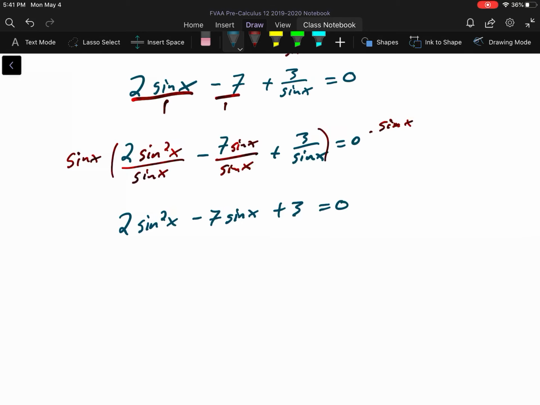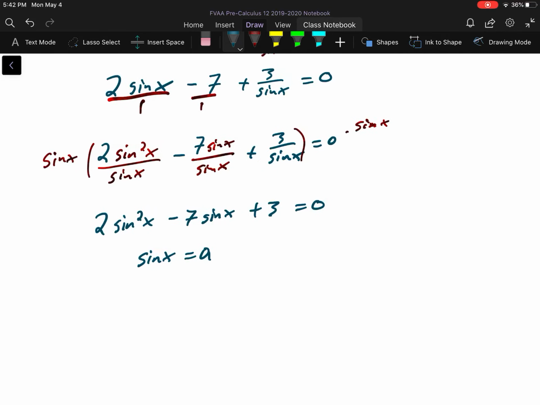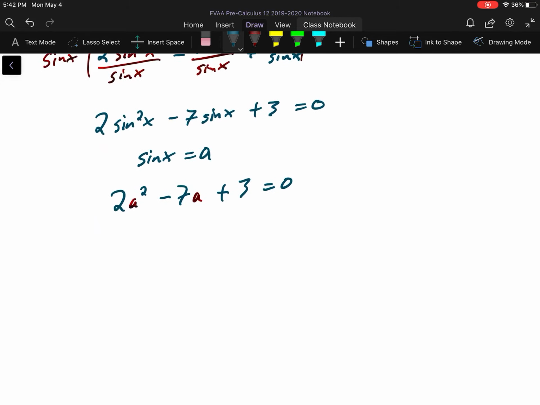I can use the A method, in fact. If you remember the A method, if I say that sine x is equal to A, I'm going to substitute A for all of these places. So I am going to end up with 2A squared minus 7A plus 3 is equal to 0. And I factor this. My magic number, 2 times 3, is 6.